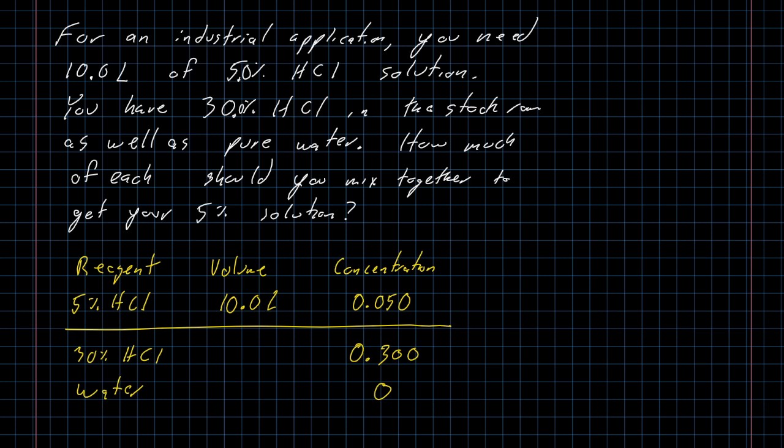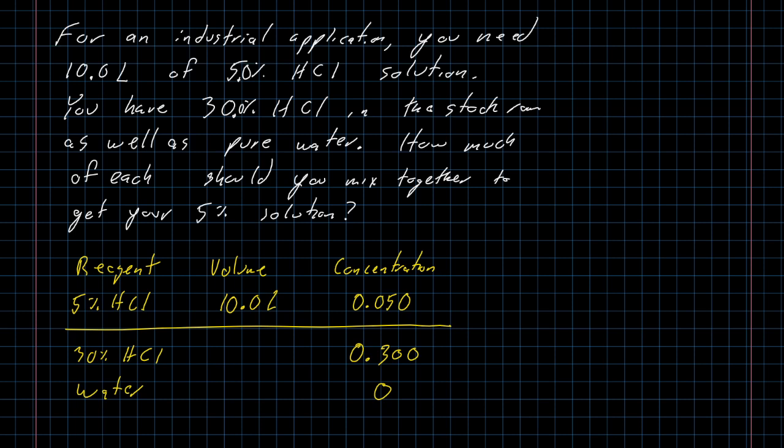All right. We are asked about the amount of the 30% solution and the amount of water we're going to use. If I'm creative about this, you could just throw in two variables, call one x, call the other one y, and technically it would work.